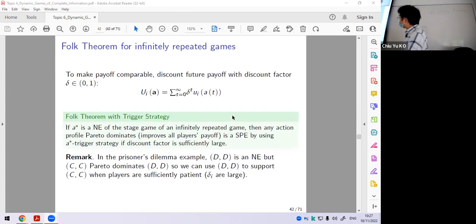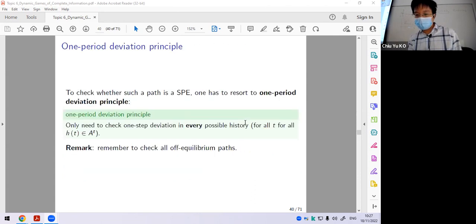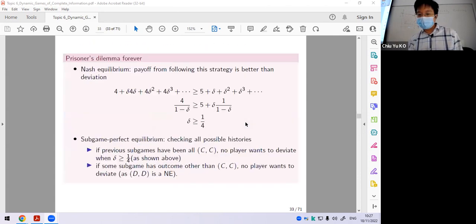Of course, we don't talk about mixed strategy here, but it's possible to do that. But let's focus on the easiest case.